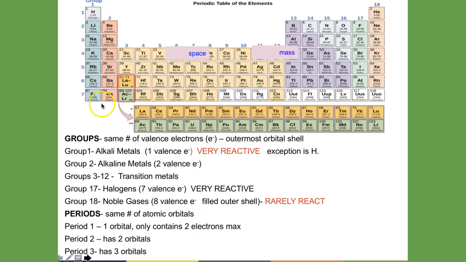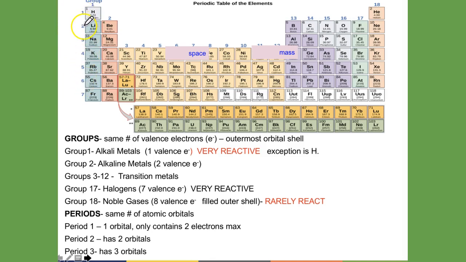And once again, this looks like a lot. I will break it down. Do not worry. This is kind of like a cheat sheet that I tell all my students to use. These over here on the left-hand side are going to be your periods.